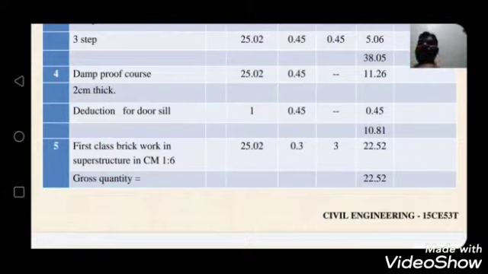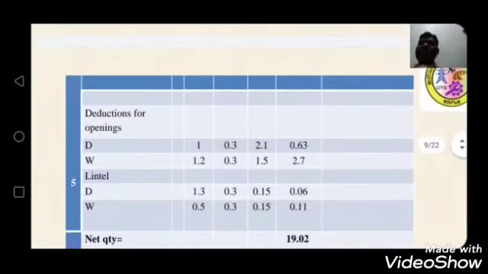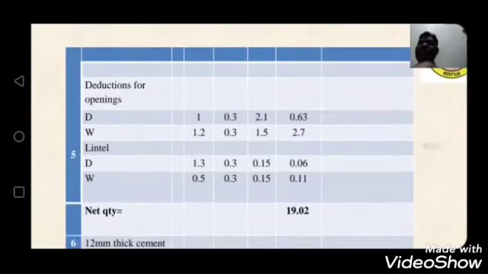First class brickwork in superstructure in CM 1:6: 25.02 into 0.3 into 3 meter is 22.52. Deduction for openings: D is equal to 1 into 1 into 0.3 into 2.1, 0.63.